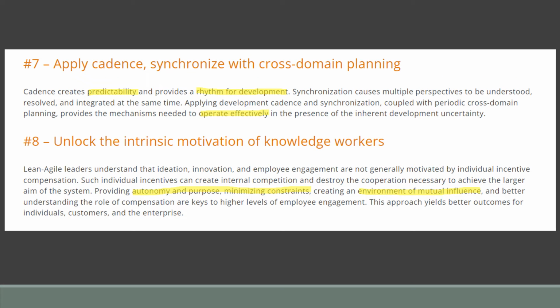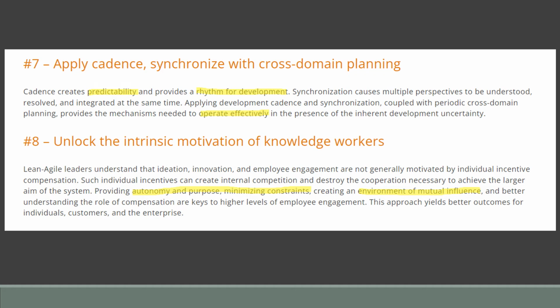The seventh one is applying cadence synchronized with cross-domain planning. This again comes from the agile principles. The cadence creates predictability. It provides a rhythm of development. Delivering on a periodic basis, sprint on sprint or release on release, improves the confidence and increases the predictability. So it's very important to have cadence and work with cross-domain planning, with different skill sets within the iteration.